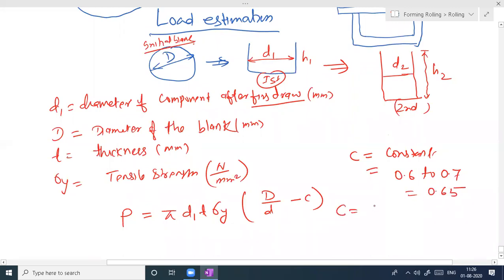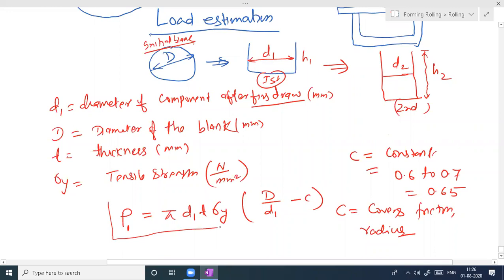Basically C covers friction, corner radius. So if you want to calculate first draw load, then we write P1.